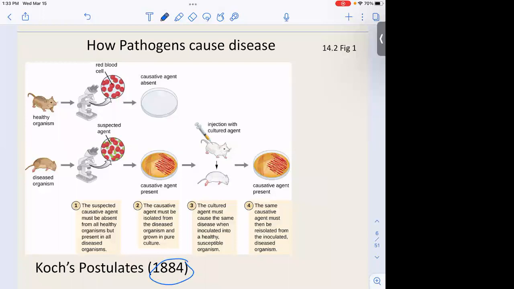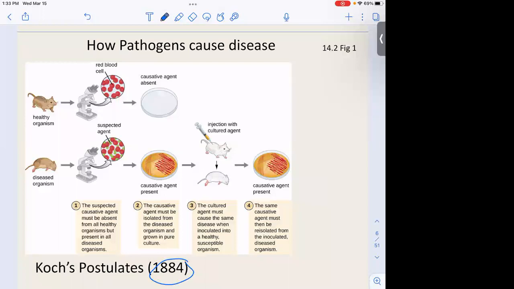He's known for having very meticulous and well-controlled experiments. He is most famous for discovering the causation of anthrax, as well as TB.